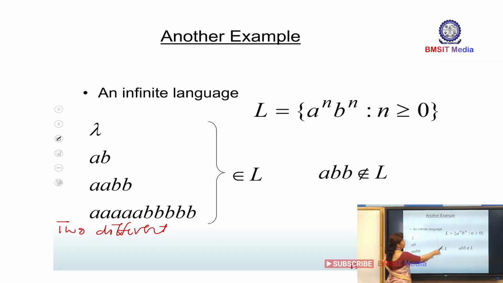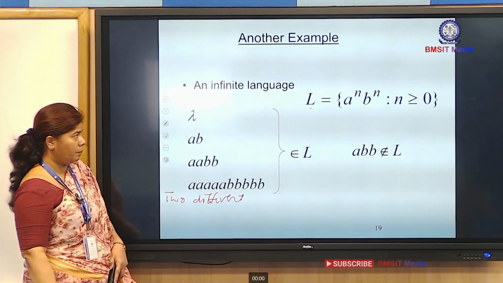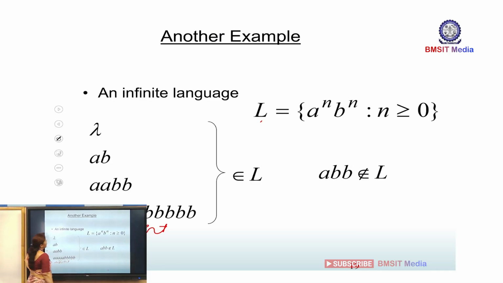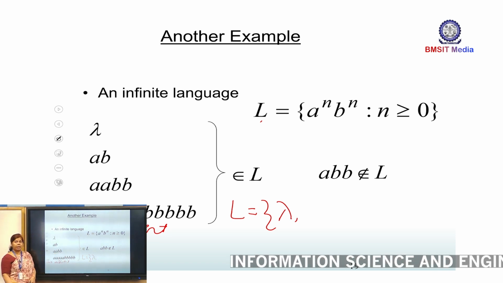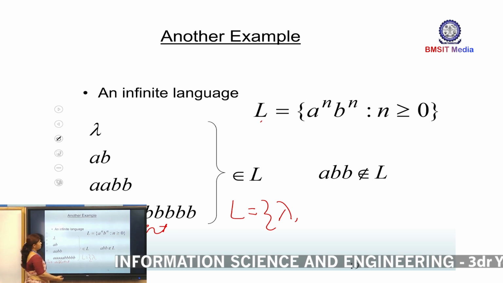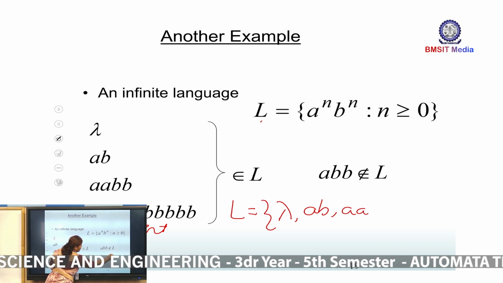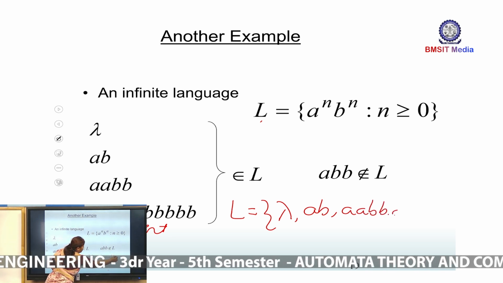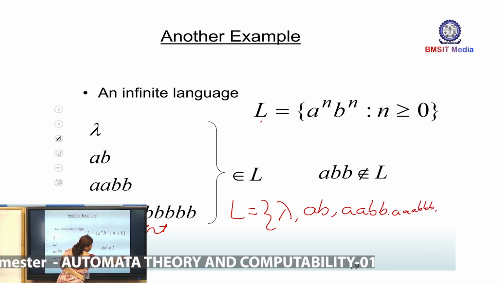For example, if I write the language L as a to the power n, b to the power n, where n is greater than or equal to 0, then the strings under this language are lambda, the empty string, then AB, then AABB, then AAABBB, and so on.